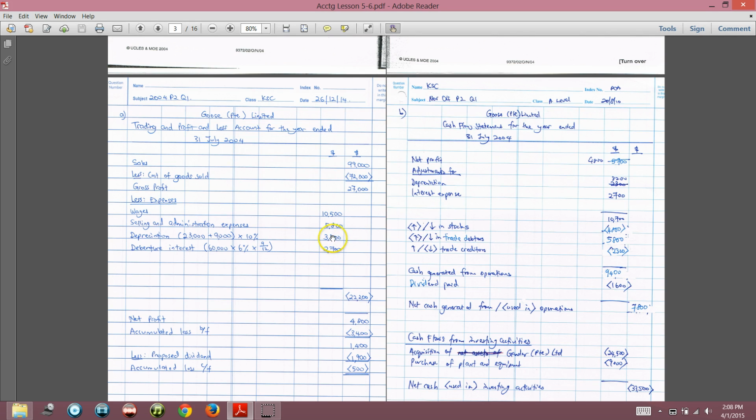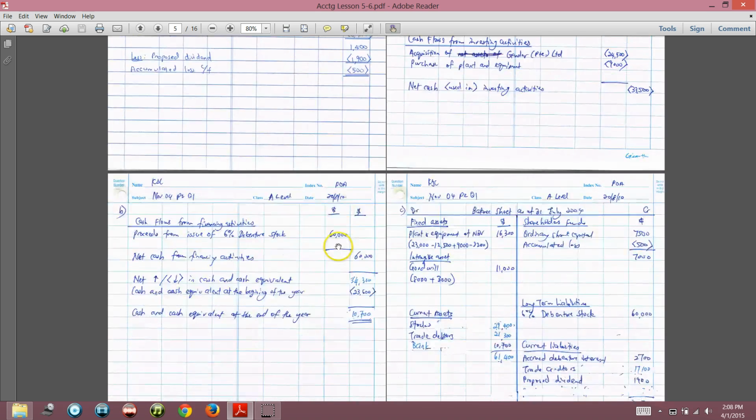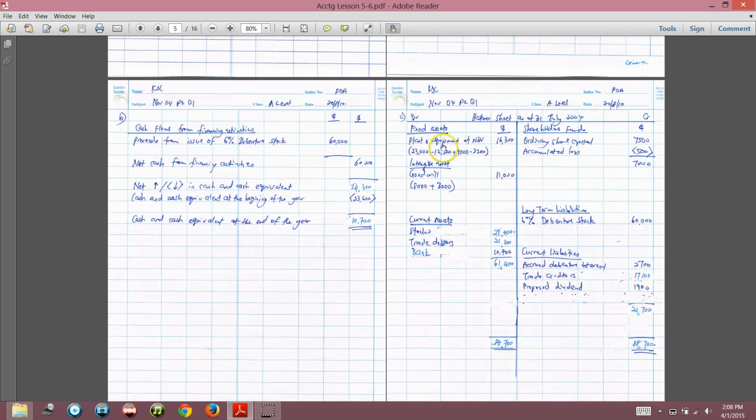So now we will go back to the balance sheet. In the question, transaction for the year ended 31 July 2004, plant and equipment purchased for cash, it's 9,000. At the top of the question, at 1 August 2003, plant and equipment at cost is 23,000.